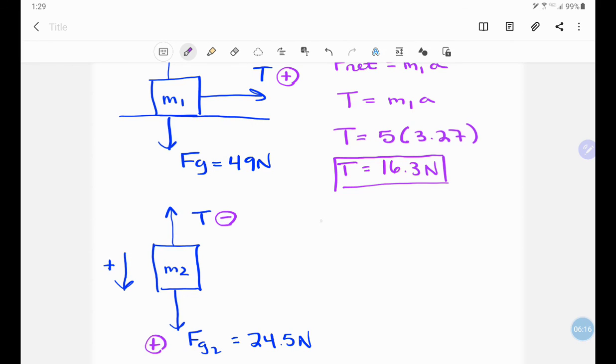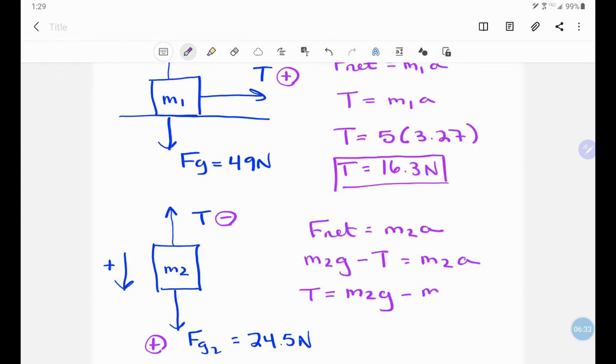So if I write out F net for mass 2, I get M2G minus tension equals M2A. So tension is M2G minus M2A.